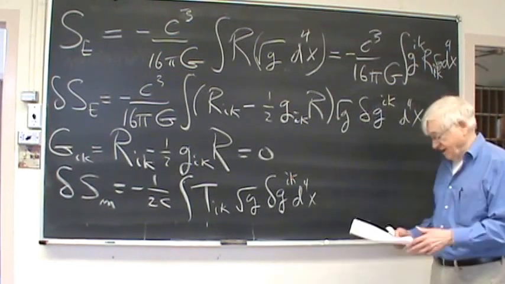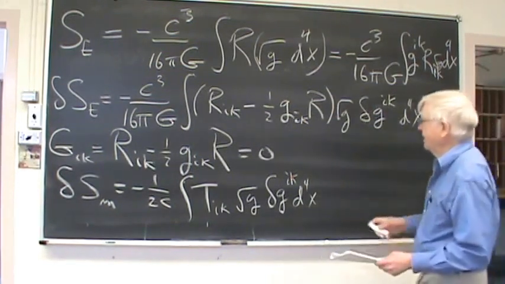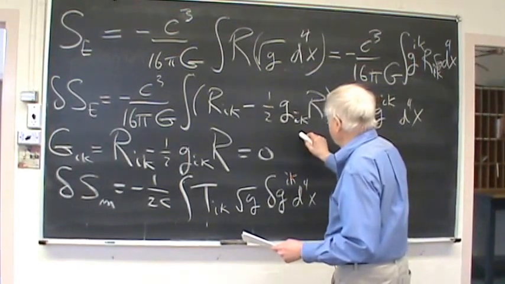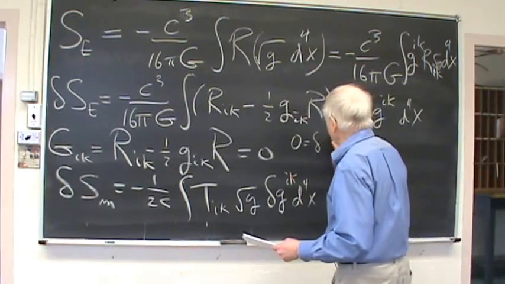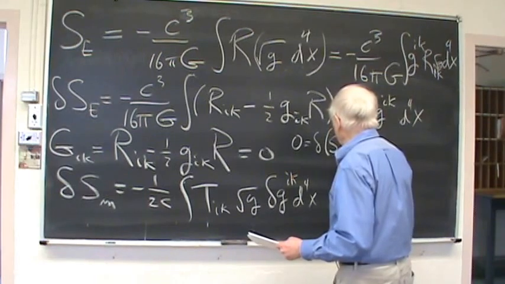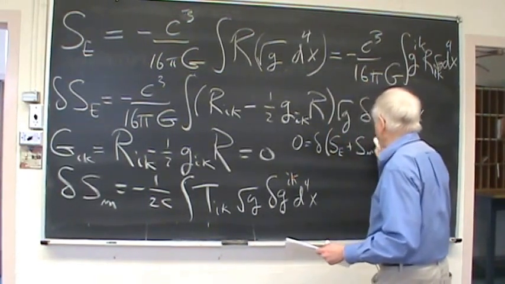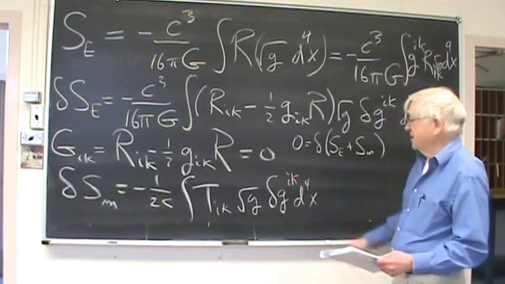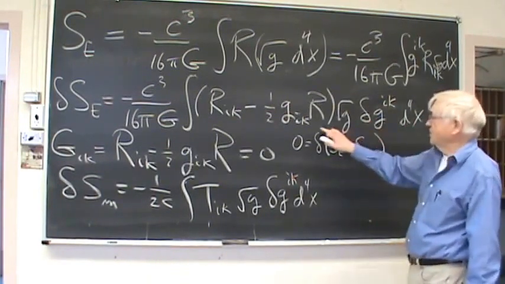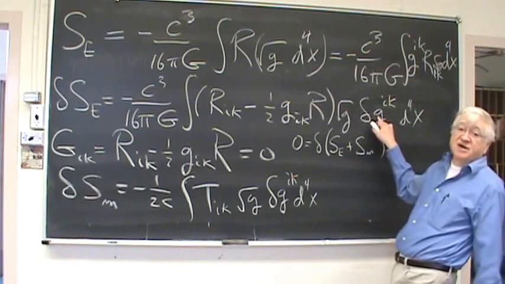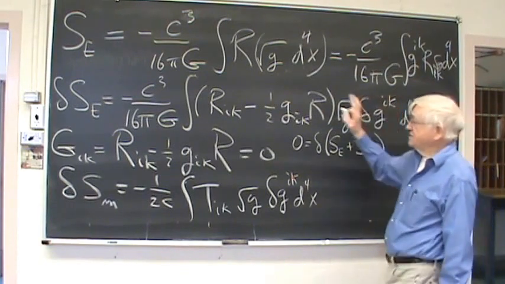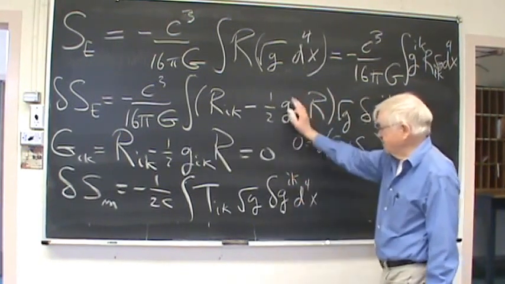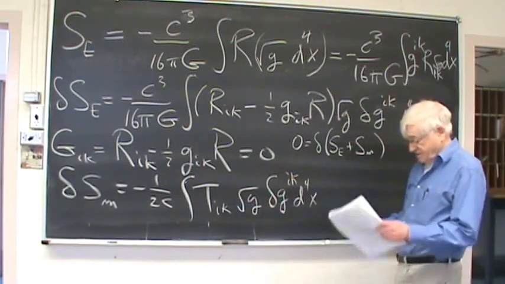If you do define it this way, then by setting the variation of the Einstein action plus the matter action equal to 0, you get that the sum of these two things is 0. What I mean here is you have an arbitrary variation of Gik, so this plus this has to be 0.